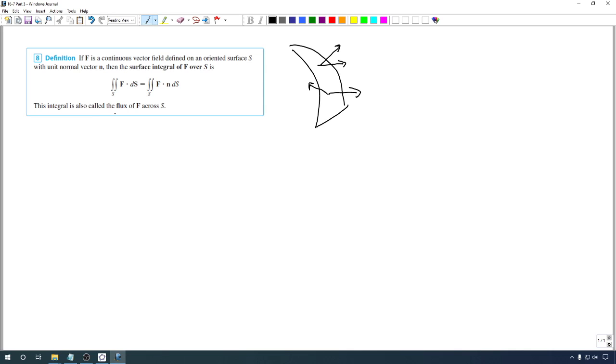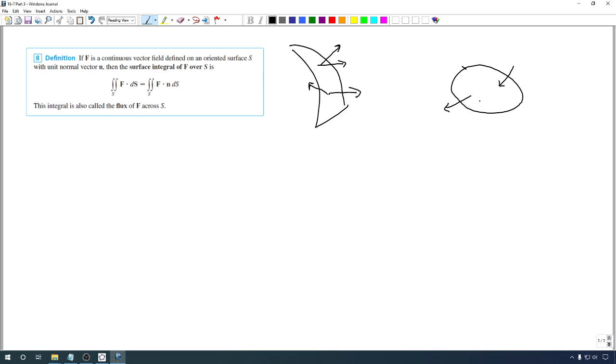That's why in physics and a lot of other sciences, these kinds of integrals are referred to as the flux of the vector field across S. For instance, if F represents the flow of water, and maybe S is the boundary of some biological cell, then there might be water flowing into the cell at some parts, but flowing out of the cell at other parts.